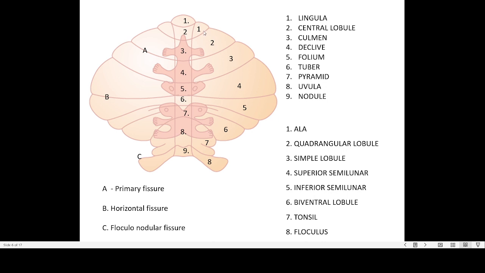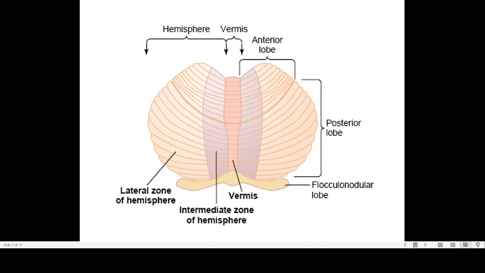The first is ala, second is quadrangular lobule, third is simple lobule, fourth is superior semilunar, fifth is inferior semilunar, sixth is biventral lobule, seventh is tonsil, and eighth is flocculus. These are the lobules of the hemispheres, the different small portions. That is the important point you have to remember.